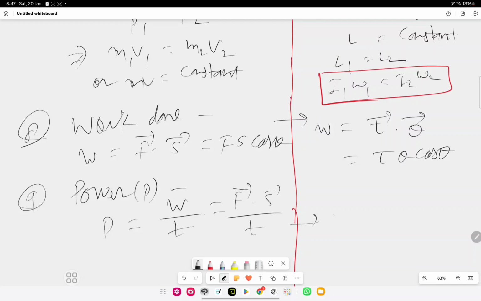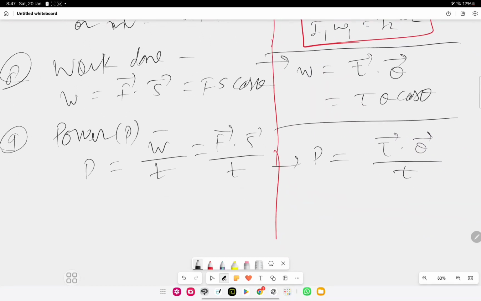Same thing, what can we write for power in rotation? In rotation, power we can write as F is similar to the torque, so tau dot theta by T. Here, in linear motion, S by T we can write as V. So power equals F dot V, right?